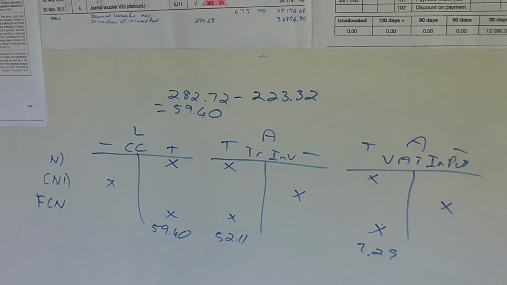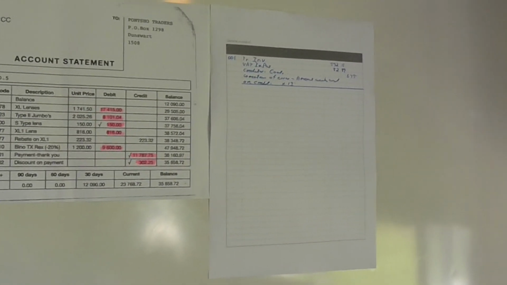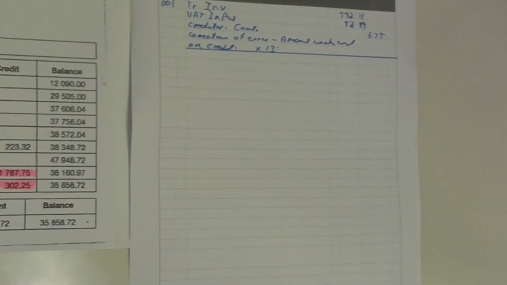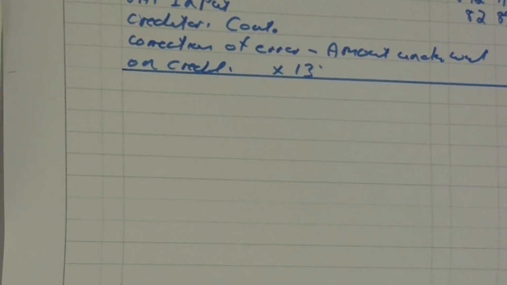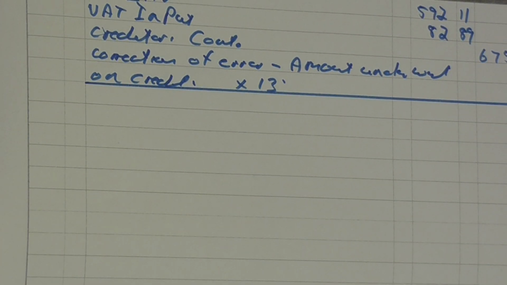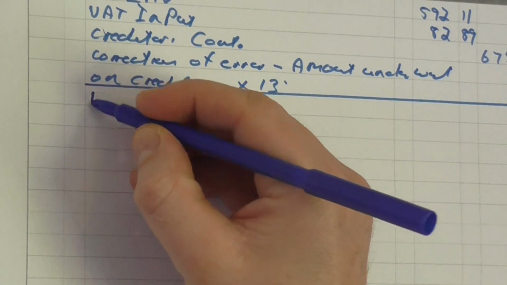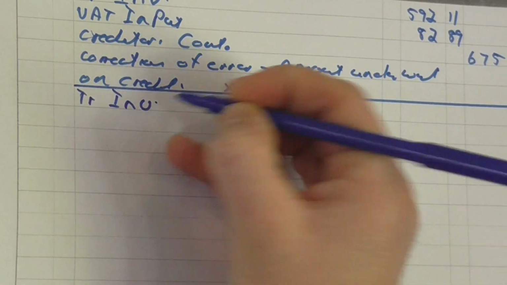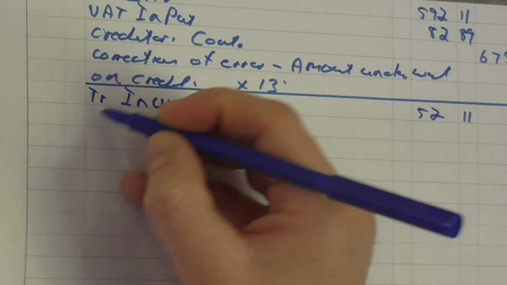Now we just transfer that amount straight to your general journal. So let's quickly do it, and as always, you do the debits first. On number 5, trading inventory gets debited 52.11.